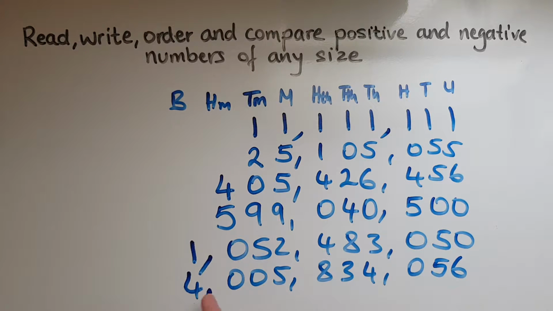So again, that's a billion, then it would be the 10 billions, then the 100 billions, and then a comma again, and we'd have trillions, so tens of trillions, hundreds of trillions, then quadrillions, and so on. So if you're interested, you could have a look online as well. So how I read this number would be 4,005,834,056.